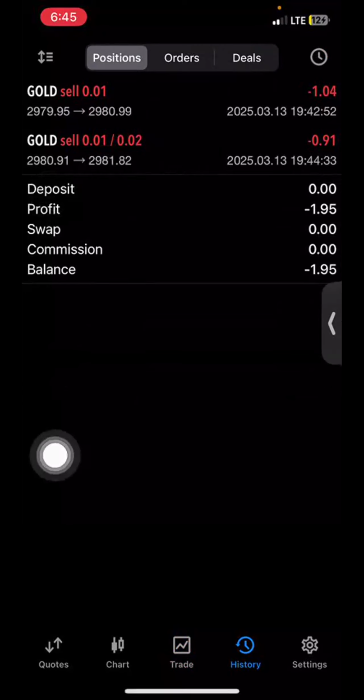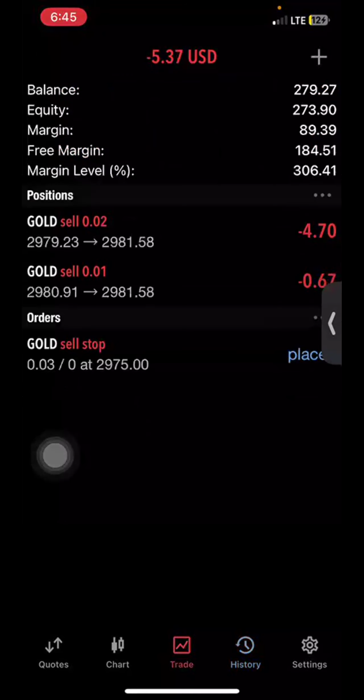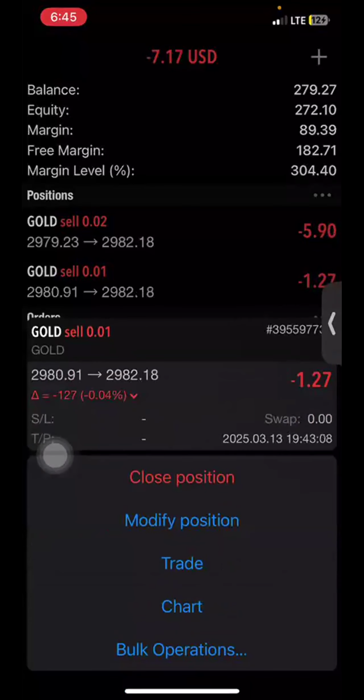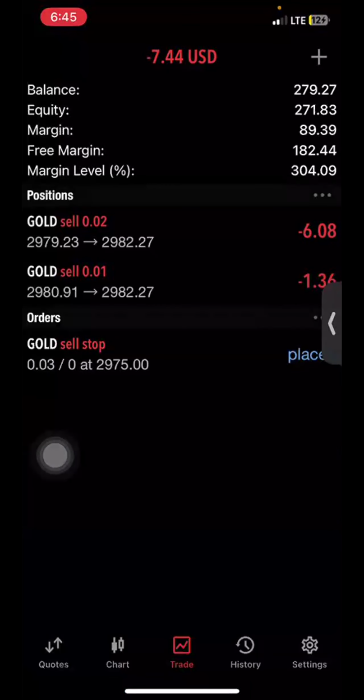When I say close partials and leave a runner, or close some positions and leave a runner, some people might have two positions on, and they're in profit. I just decide to close one, as in the entire one, and leave one position running. But in a case where you have just one running, as far as it's more than 0.01, what you need to do is tap on it, close, reduce the lot size to the amount you want.